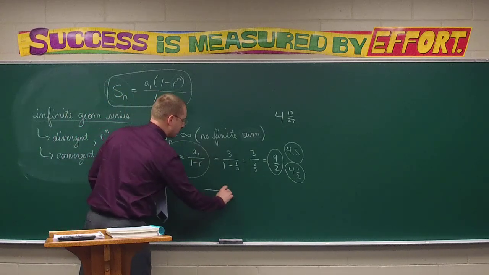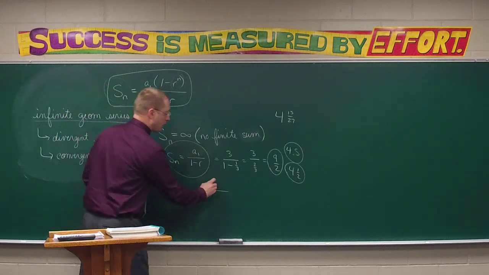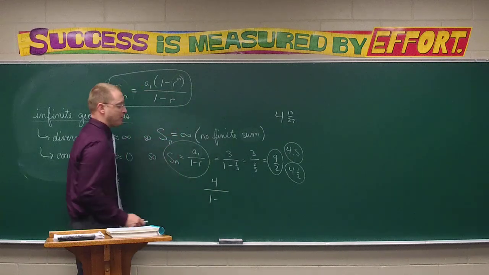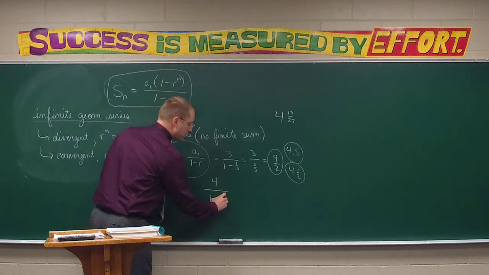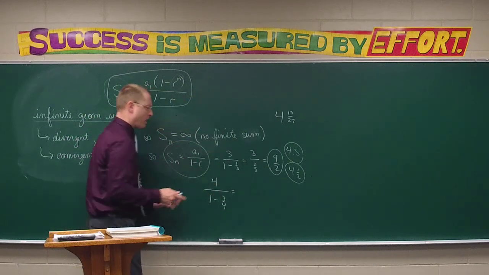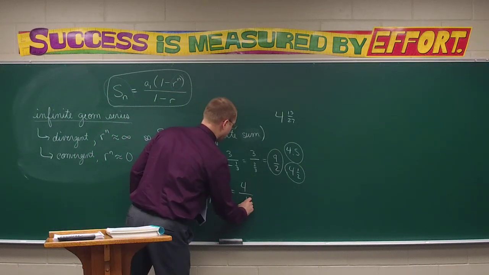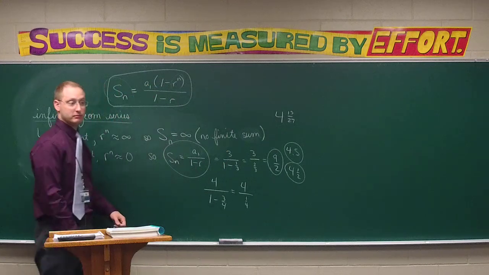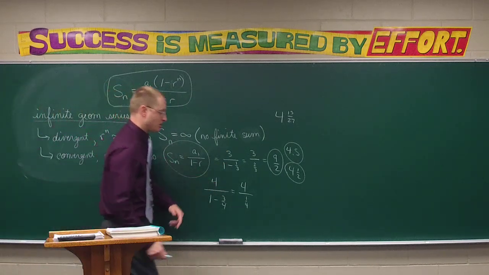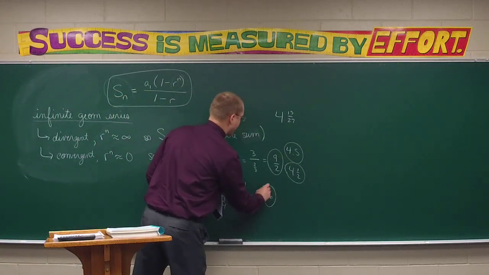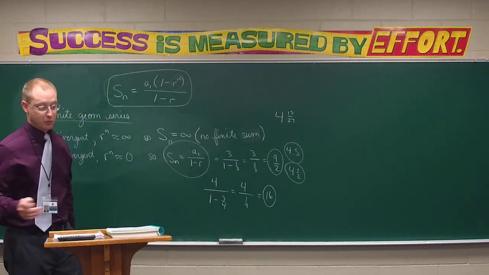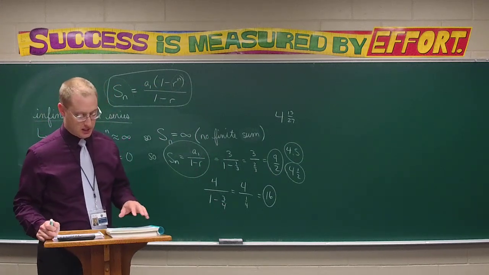We're going to start with the a sub 1, class, 4. And we're going to do 1 minus the common ratio, which is simply 3/4. And of course, what is 1 minus 3/4? 1/4. So do 4 divided by a 4th. You might be able to do that in your head. 16, right? Division by a fraction is multiplied by the reciprocal. So if you had all the terms in that particular sequence together, you would get 16.